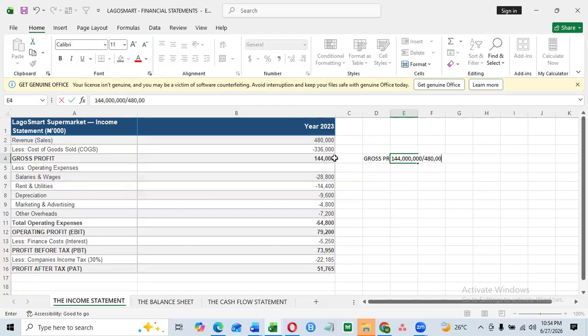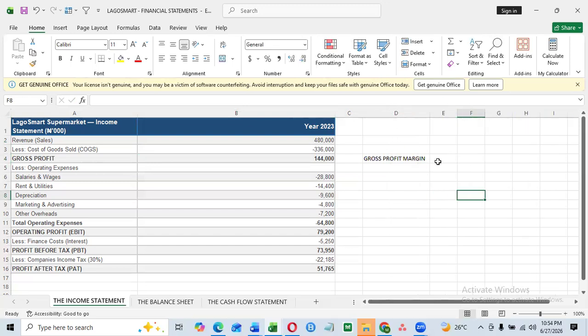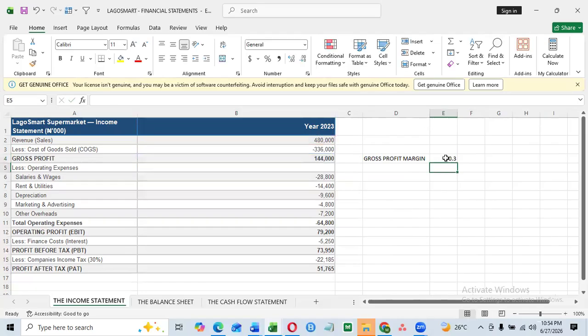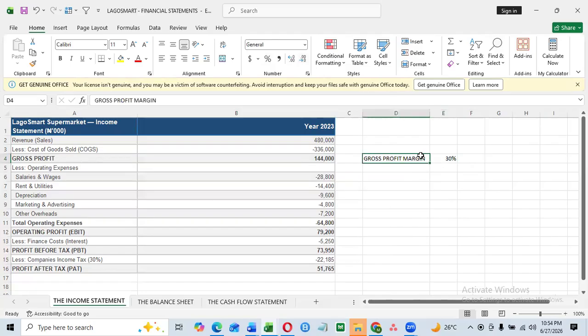Are you seeing? So if I wanted to get this faster through the model we are building, what I would have done would have just been to say equal to our gross profit divided by revenue gives us our gross profit margin, which I can put in percentage. And you can see it, 30%.